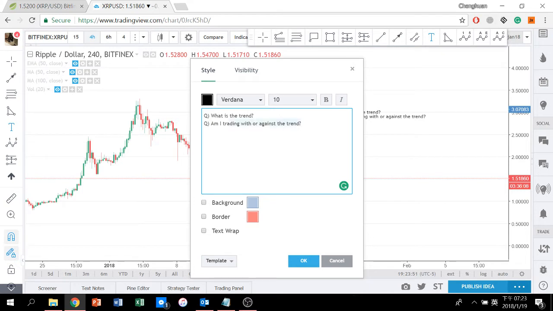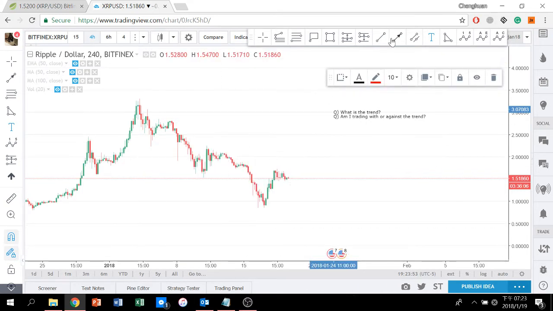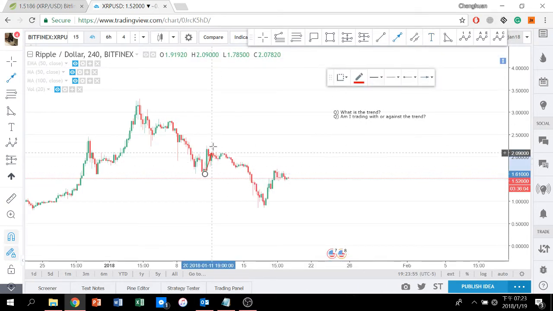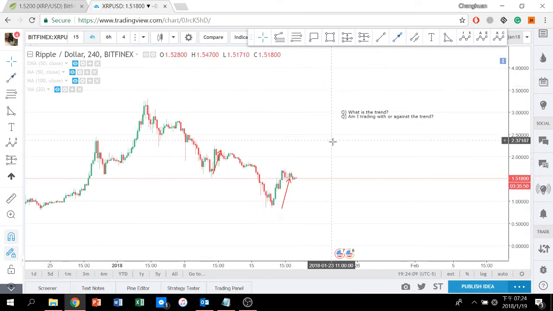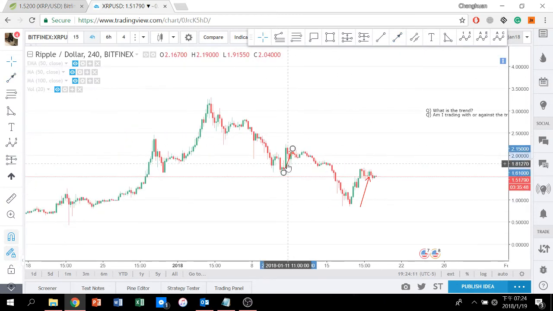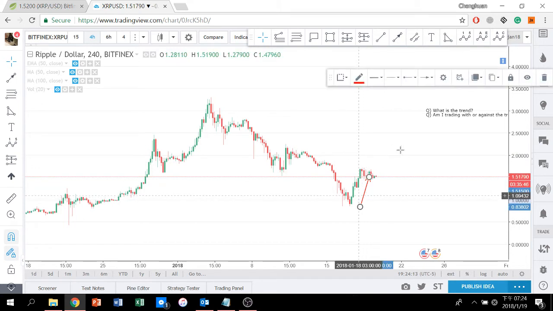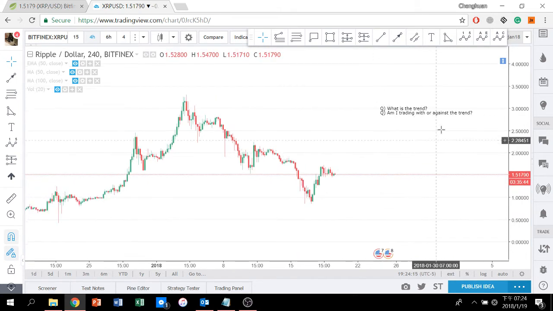If you're trading against the trend, that means you're trading this long position against the downtrend, right? This means your trade would be on a shorter time frame, and it would also be riskier because you're betting against the market movement. You're trading the opposite of the market movement.